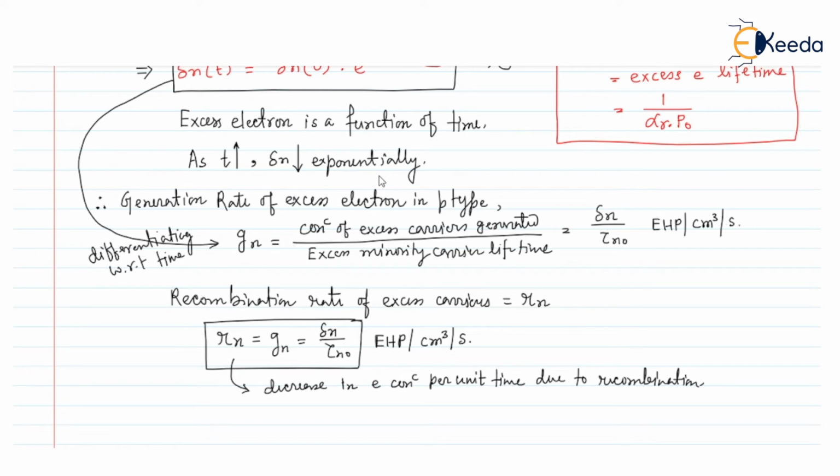So this was the generation rate calculation and the recombination rate calculation for the p-type semiconductor. Now we will see similarly what will be the generation rate equation and the recombination rate equation for the n-type semiconductor.